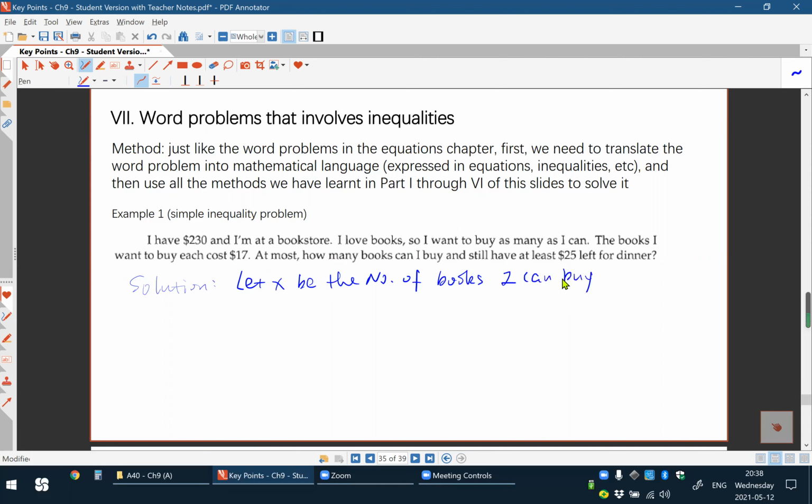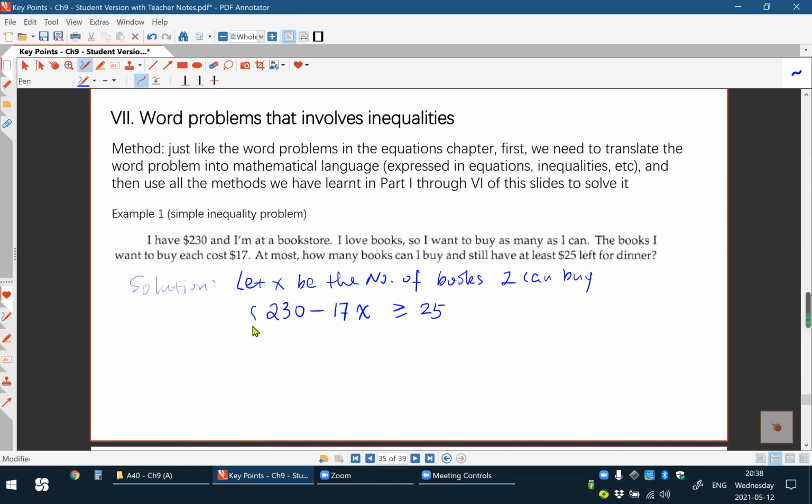So according to the requirement, total dollar is 230, subtracted by the cost of books, which is 17 times X. This is the total cost of books, right? And this is the remaining money, right? The remaining money should be at least 25. That means 25 or 25 above, right? So we have a relationship like this.